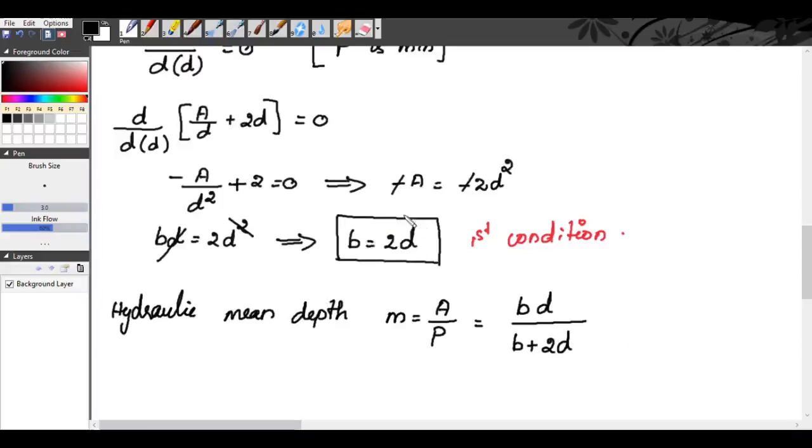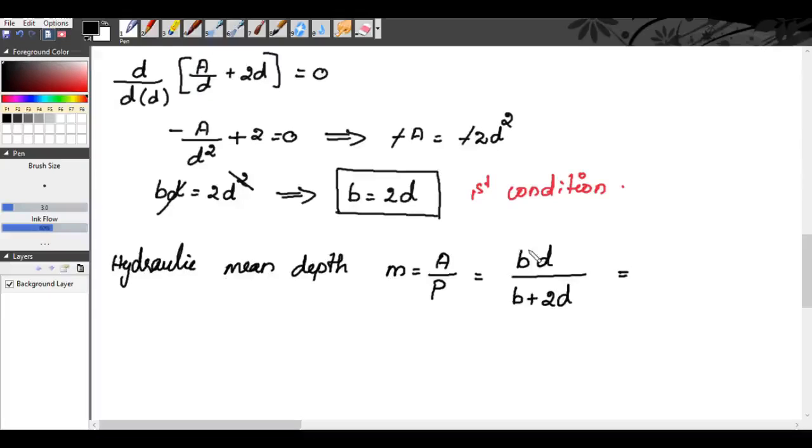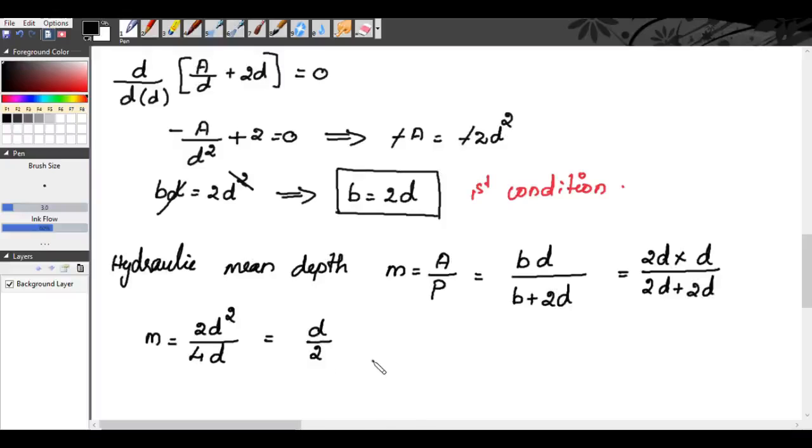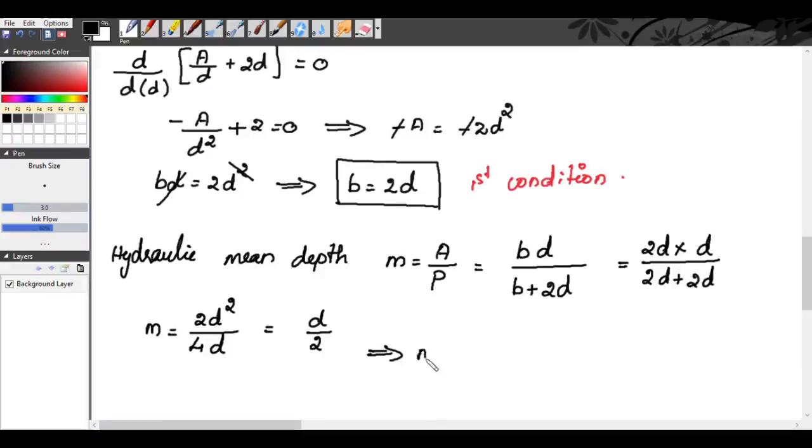So substituting B equal to 2D, we get 2D into D by 2D plus 2D. So we get m is equal to 2D square by 4D, which is D by 2. So m is equal to D by 2. This is our second condition for the most economical rectangular section.